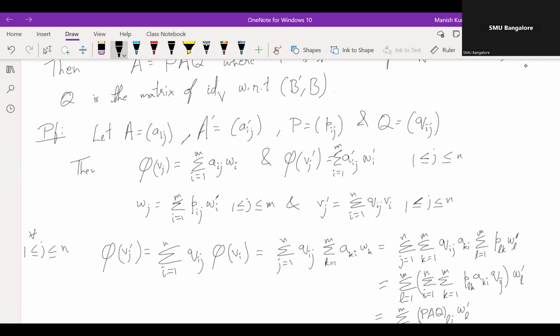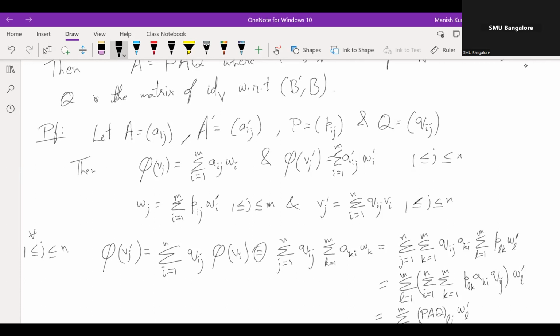But remember this formula is with Vj, phi Vj, and we want phi Vi, so you just have to change j to i and maybe i to some k. If you write it correctly, you'll get the summation over k of Qij Aki Wk. The second index should become i because we are writing phi Vi. Is this equality okay? This equality is fine.